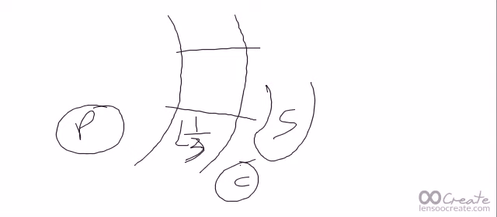Okay, the lower 1/3 has prostate in the front, and it is separated from the prostate by a fascia which is called as Denonvilliers' fascia.